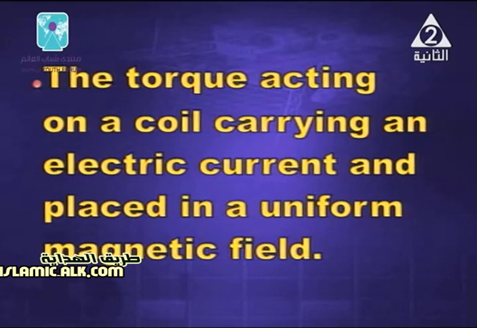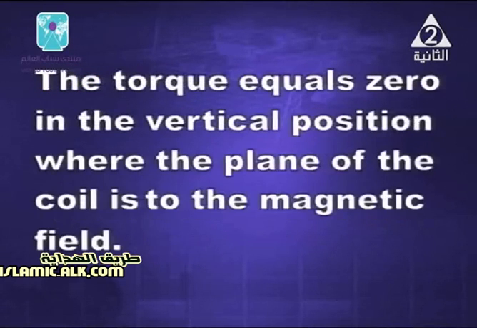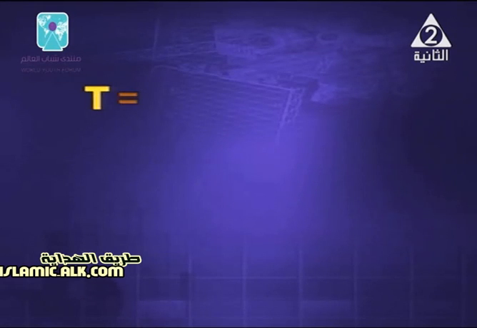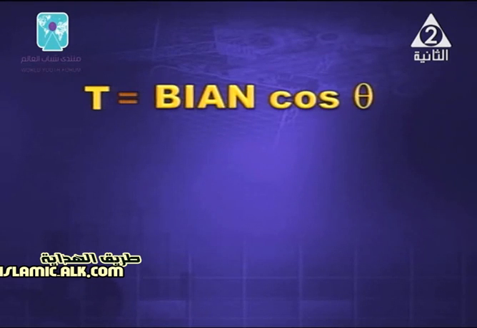The torque equals 0 in the vertical position, where the plane of the coil is perpendicular to the field. By the way, the torque is expressed by the relation: torque is given by B N I A cosine theta.